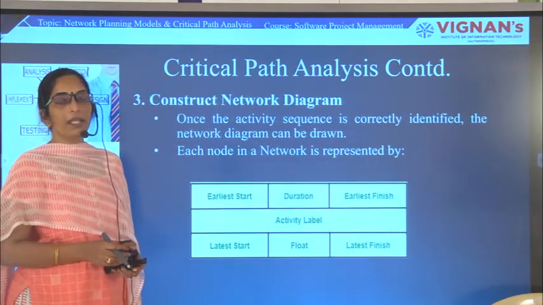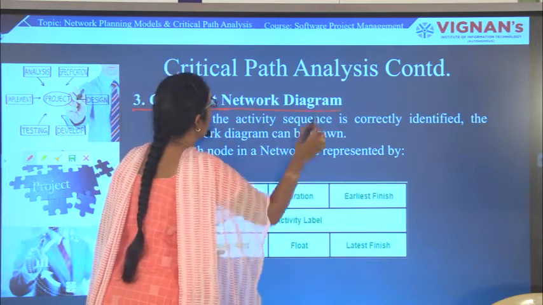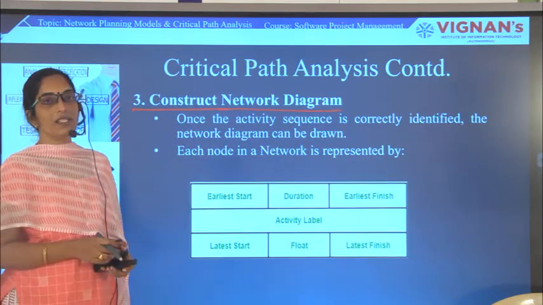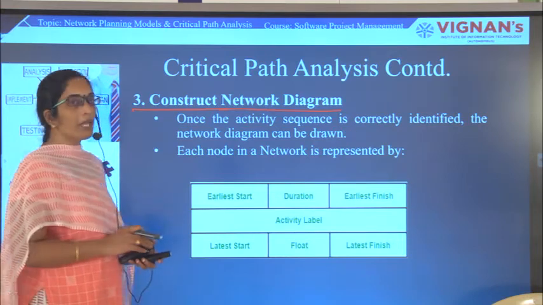The third step in critical path analysis is construct a network diagram. Once the activity sequence is correctly identified, the network diagram can be drawn.